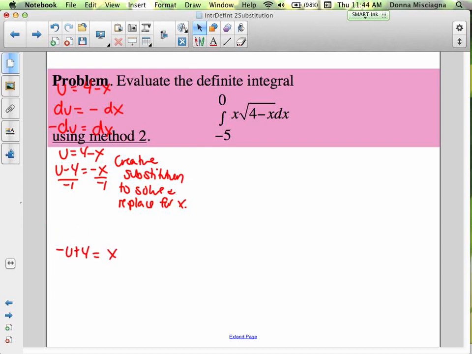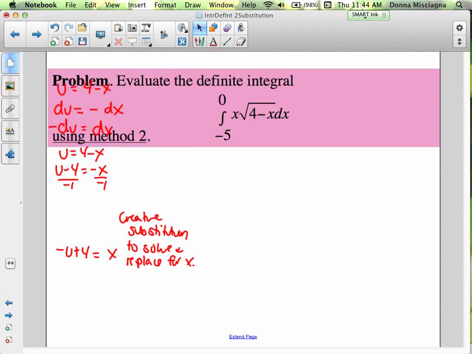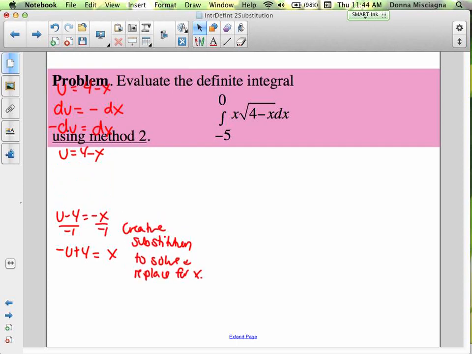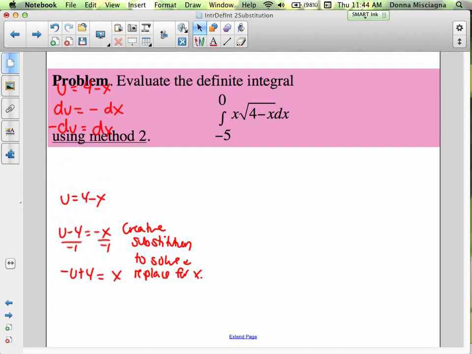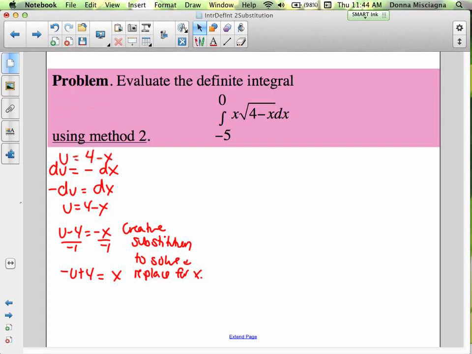All right, so we had to rewrite this. We had to replace the x. So this is not a true chain rule. And so we replaced the x by taking our u expression and solving for x. You can do that when you've got a radical expression and you've got an x. Because if it was just an x and not a radical expression, you would just distribute.